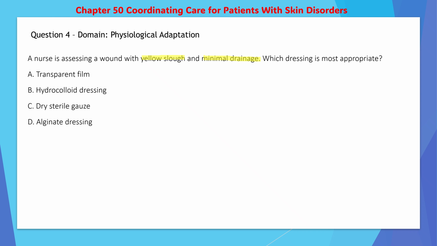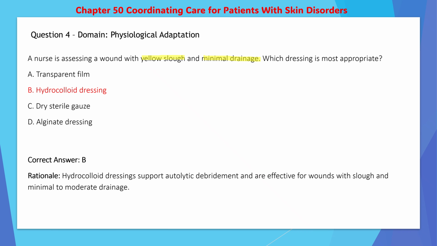Transparent film, hydrocolloid dressing, dry sterile gauze, alginate dressing. Hydrocolloid dressing. So why do you think that? It supports autolytic debridement and is effective for wounds with slough and minimal to moderate drainage.